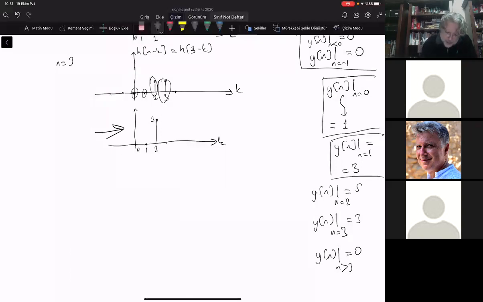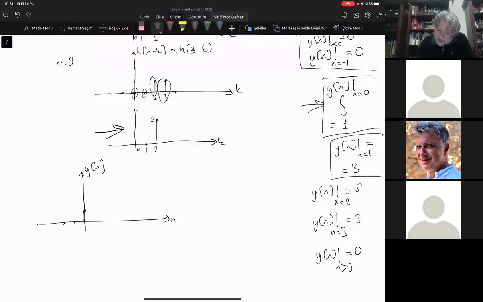But now I want to plot y of n. It's all zeros for negative n. I am plotting y of n. At 0, y of n was 1, like this.